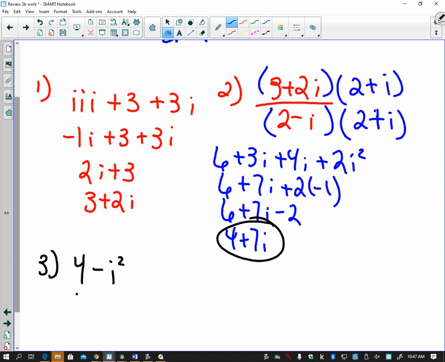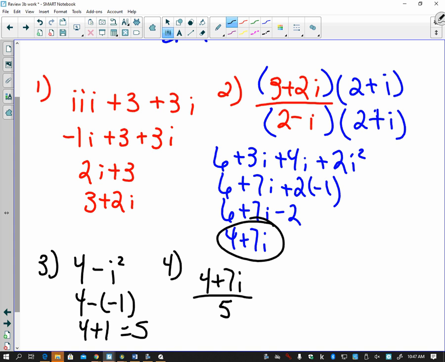It's 4 minus negative 1, which is 4 plus 1, which is equal to 5. So the final part here is 4 plus 7i divided by 5. You can write it like this, or you can write it as 4/5 plus 7/5 i. Either one is correct. Either one will be right on the test.